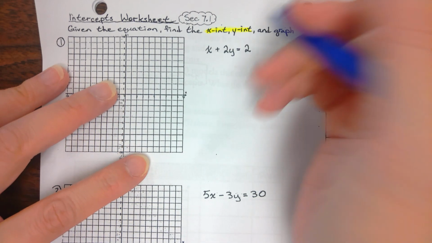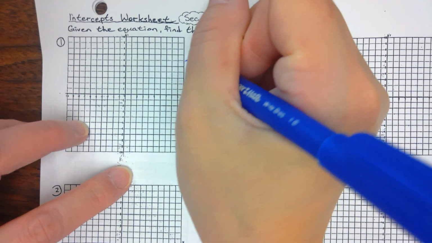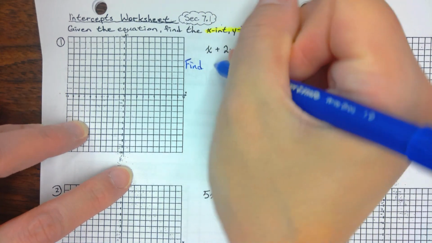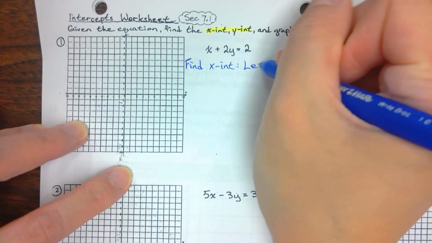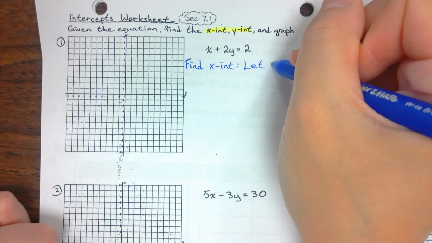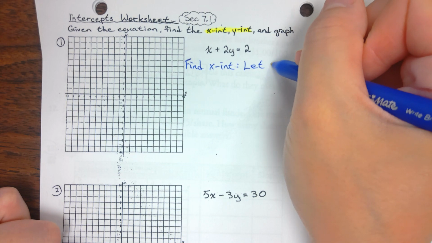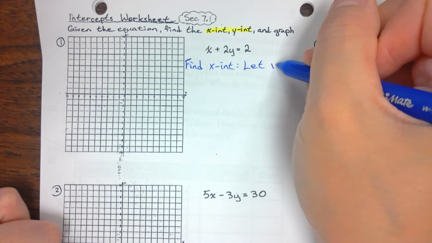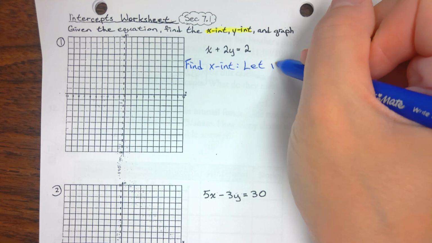Okay, so as Ryan said, to find the x-intercept, what are you gonna let? Ryan, can you repeat? To find the x-intercept, what's the y value? 0, right?